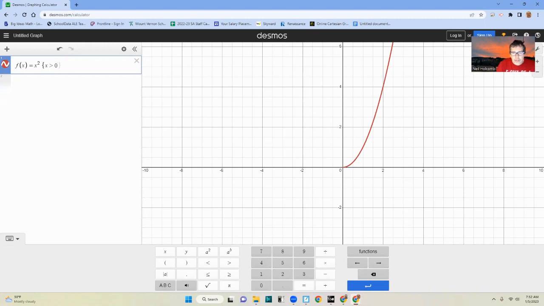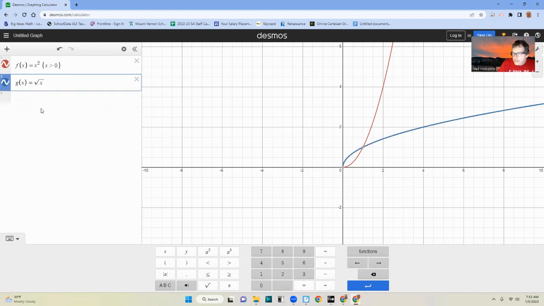Okay, so there it is, greater than or equal to 0. So I'm only going to do when x is positive. So that's only half of the parabola, because the inverse, g of x if you will, equals the square root of x.